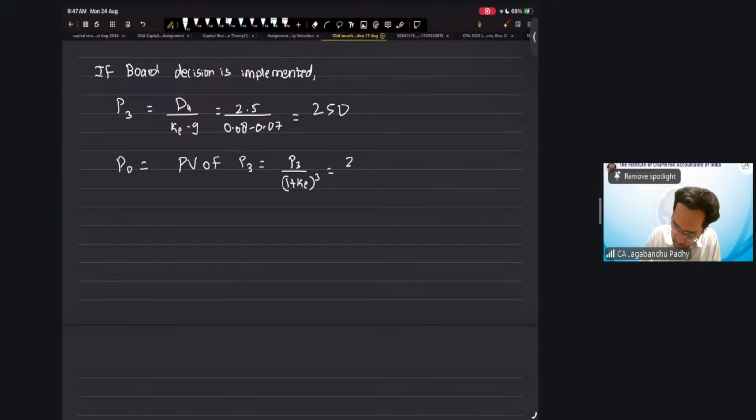P3 is 250, divided by 1.08 raised to 3. How much is the present value, guys?